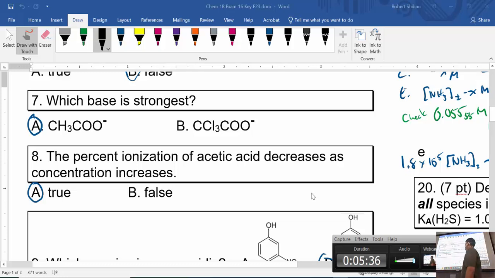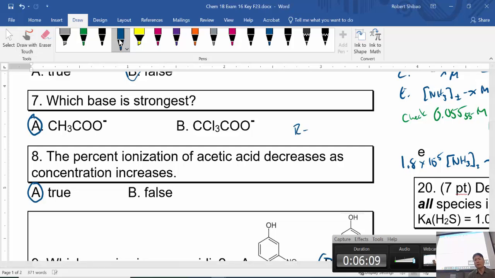All right, I didn't have that much time, but which base is strongest? So what I look here is, we have the carboxylate group here, the COO minus group. And then we have two different attachments to the carboxylate group.